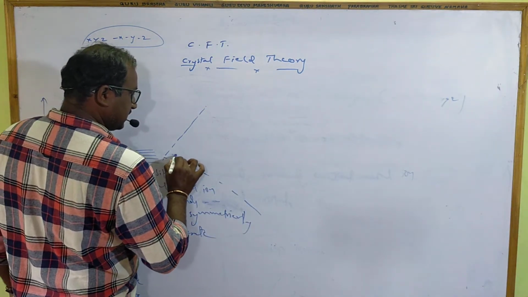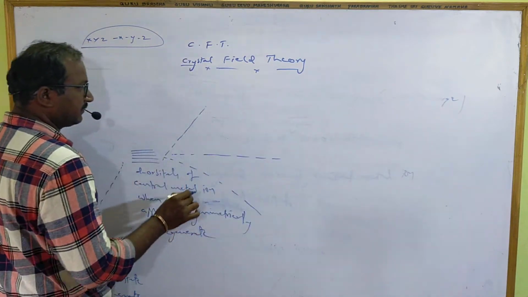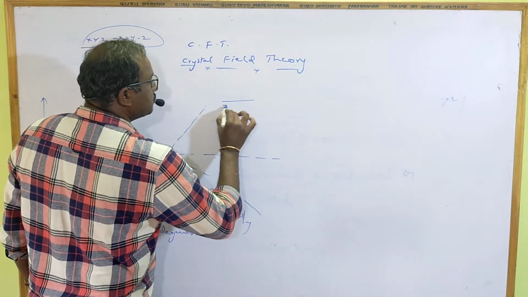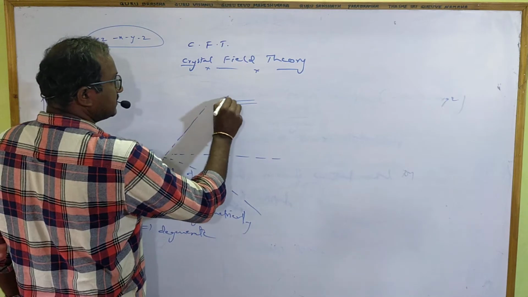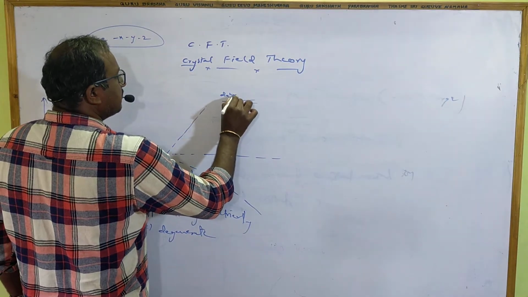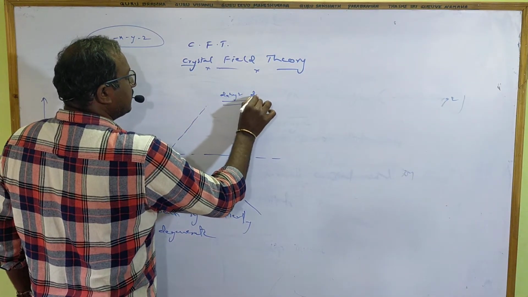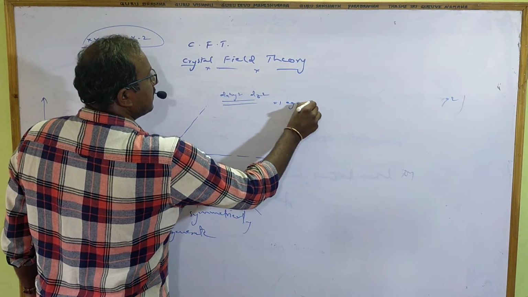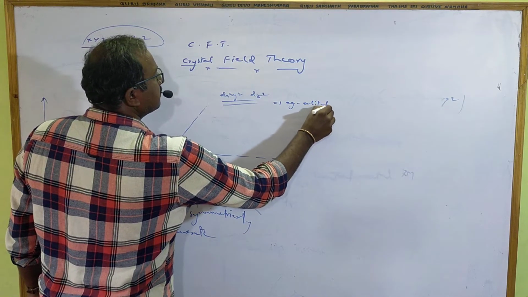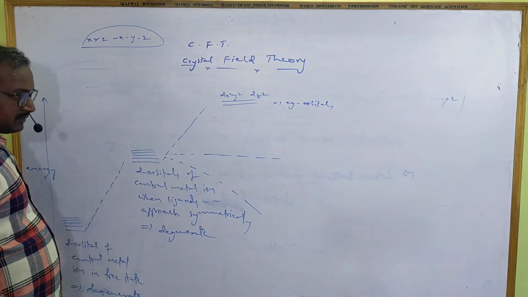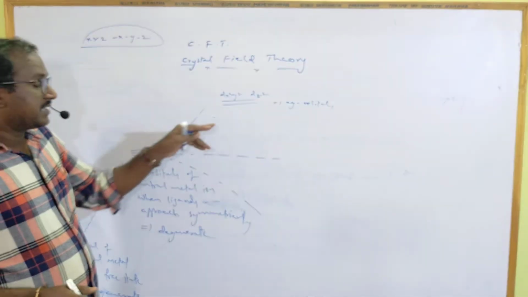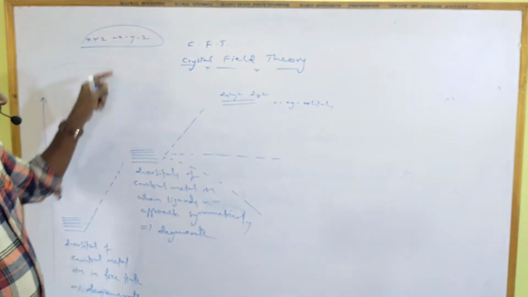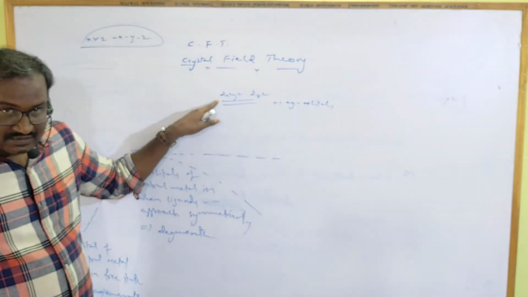If we say this is the barycenter, here are two orbitals: one is dx square minus y square and the other is dz square. We call them eg orbitals. The eg orbitals split into higher energy because they are affected more, as the ligands are close to these orbitals.